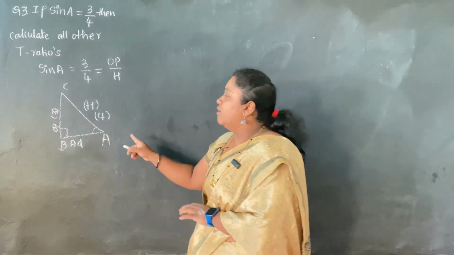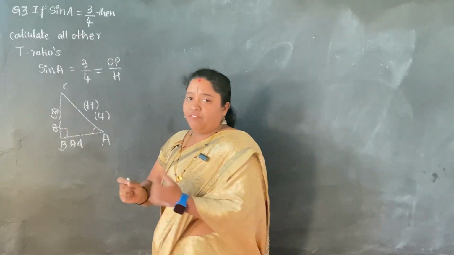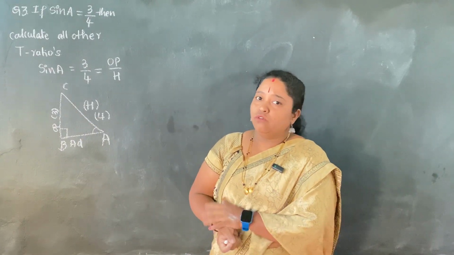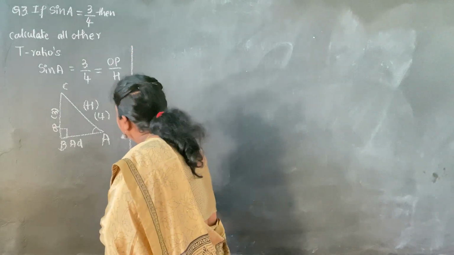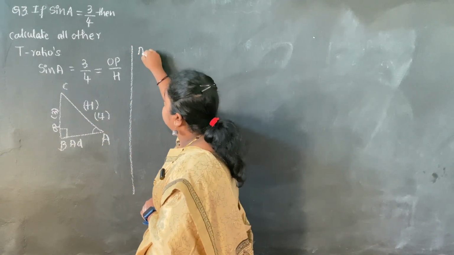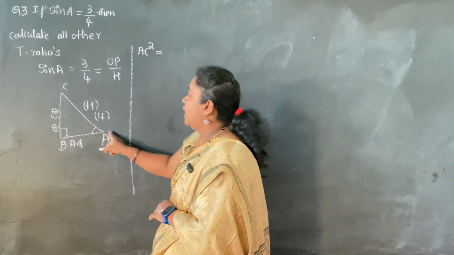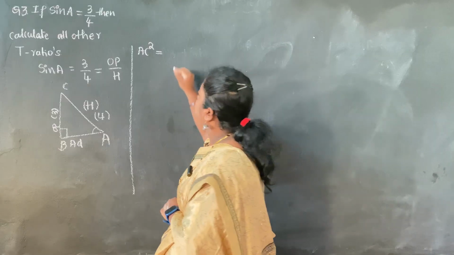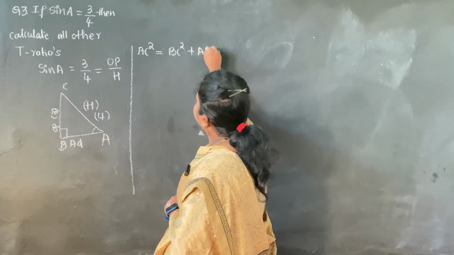In a right angle triangle, when two sides are provided and I want to find the third side, I have to go for the Pythagoras theorem. Since this is the hypotenuse, the Pythagoras theorem tells us that hypotenuse square, that is AC square, is equal to BC square plus AB square.